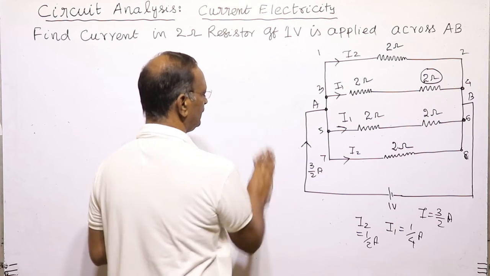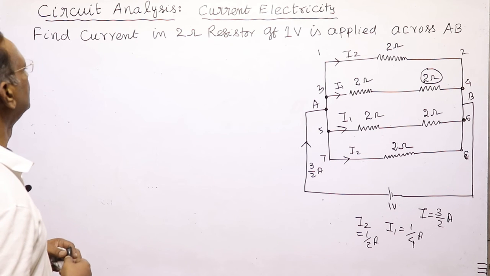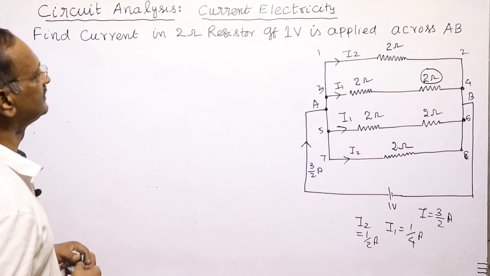Now what do we have to find out? We have to find the current in the 2 ohm resistor.